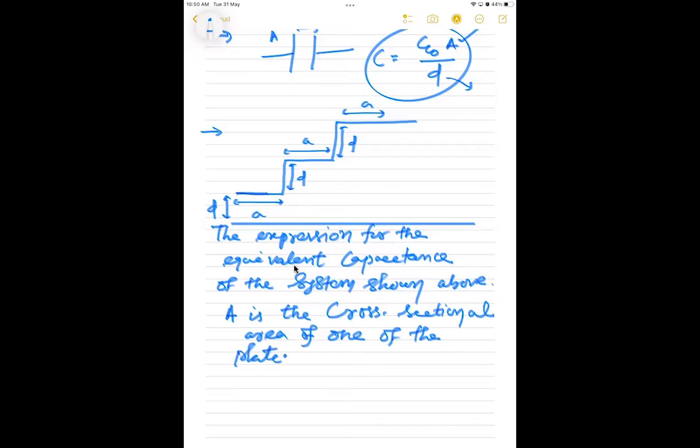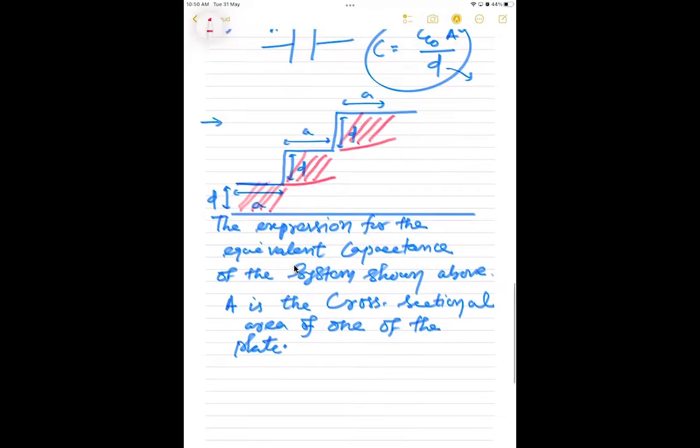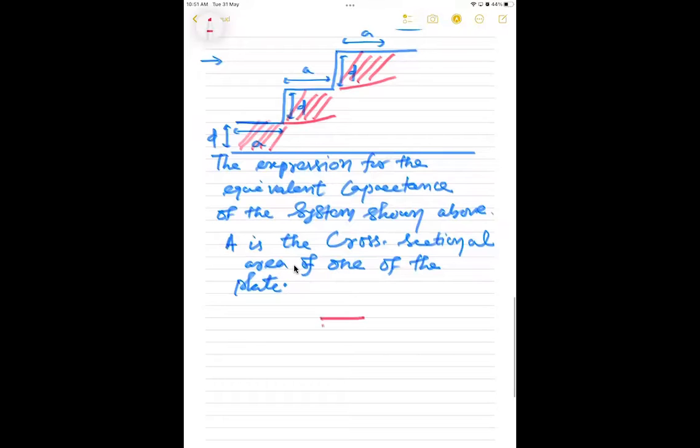In series. See properly. This is one capacitance, right? This is also one capacitance. This is also one capacitance. Every pair. So if I draw the equivalent, you can see here, this is one capacitance, this is one capacitance, this is one capacitance.